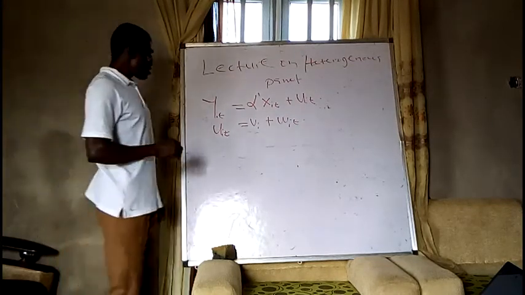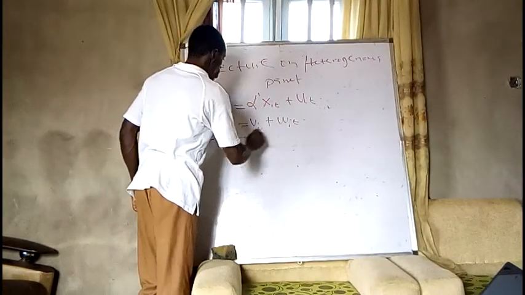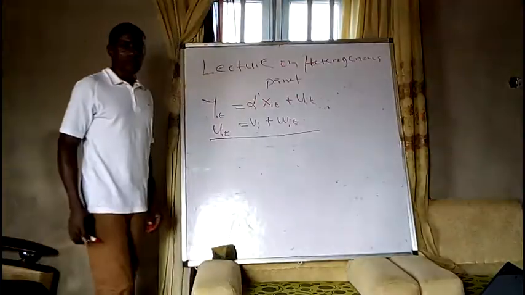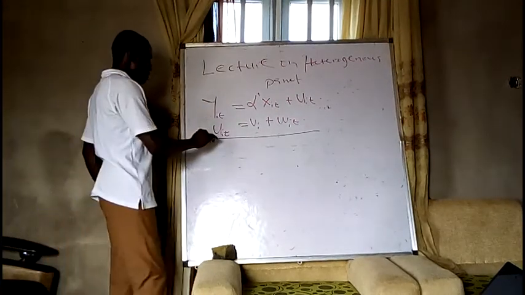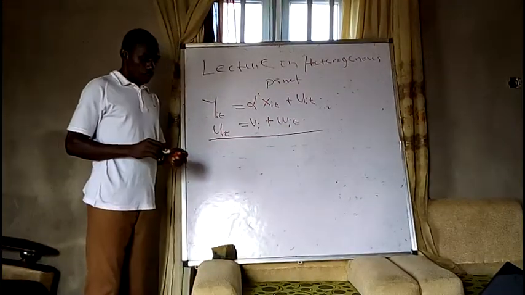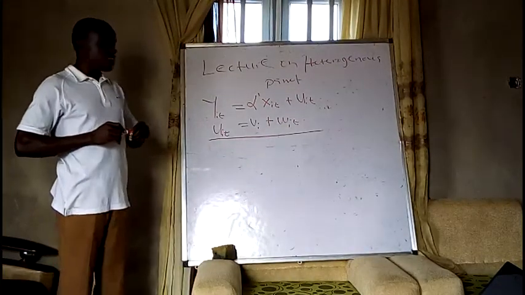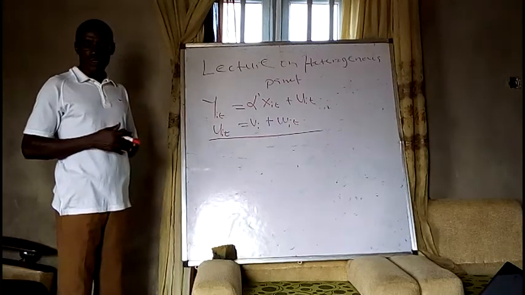The fixed effects has shortcomings. Number one, it gives rise to new regressors. By demeaning the equations, it might lead to new regressors.